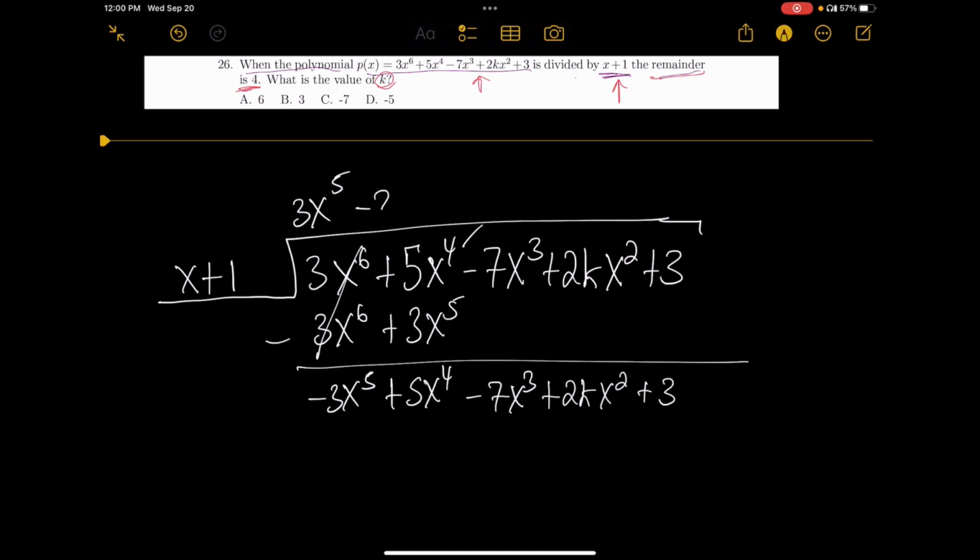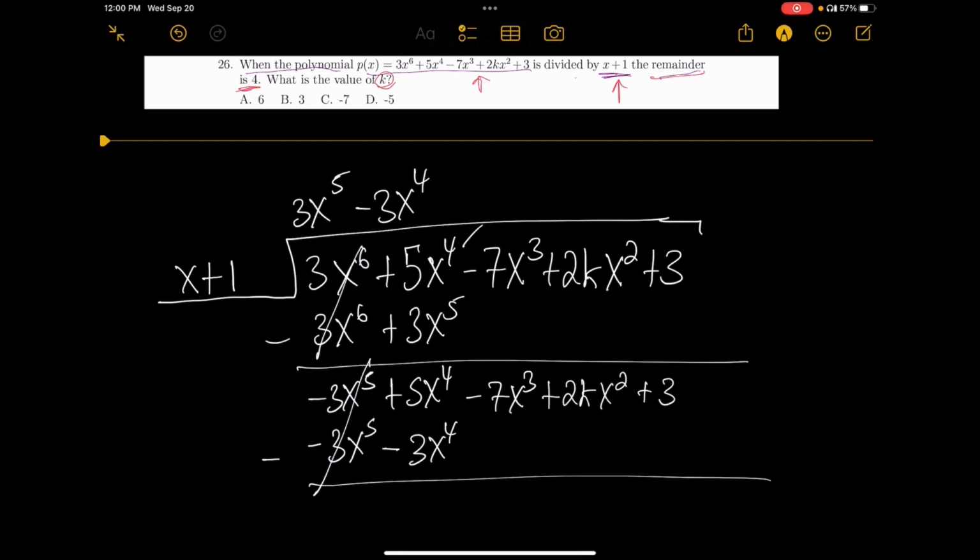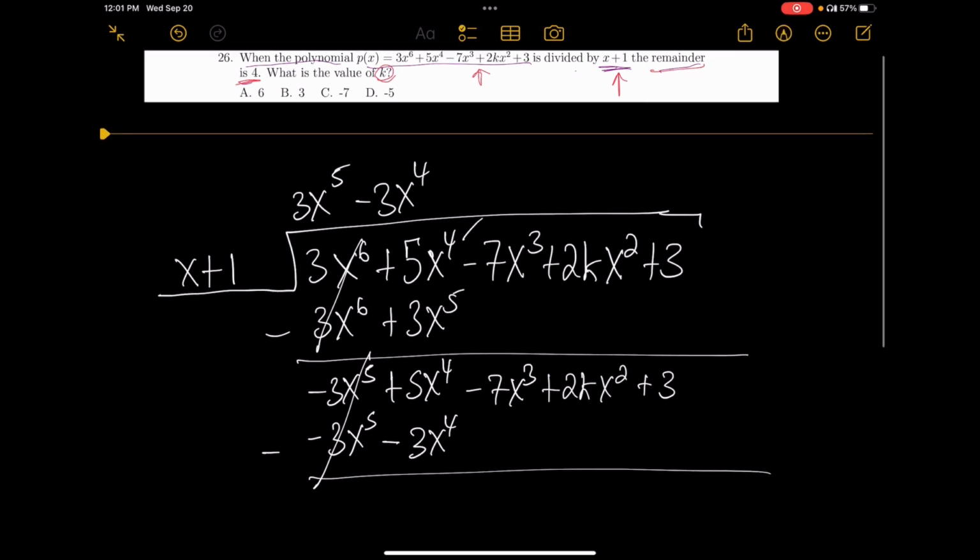Then we put negative 3x to the power of 4 in the quotient, then multiply it with the divisor: negative 3x to the power of 5 minus 3x to the power of 4. Okay, when we subtract, this cancels. Then negative 3x to the power of 4 plus 5x to the power of 4, we get 8x to the power of 4 minus 7x to the power of 3 plus 2kx squared plus 3.